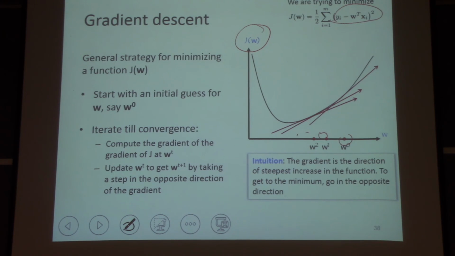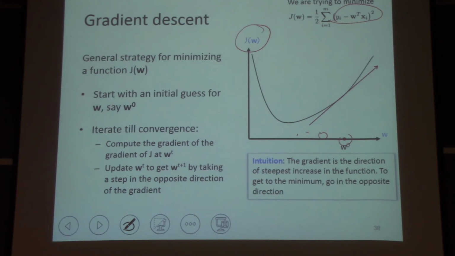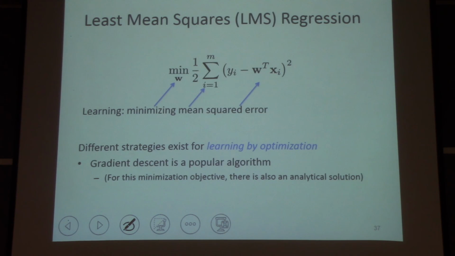So let me go to the previous slide. So W is a vector, an n-dimensional vector.